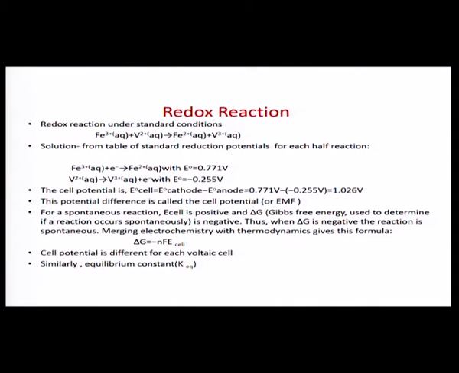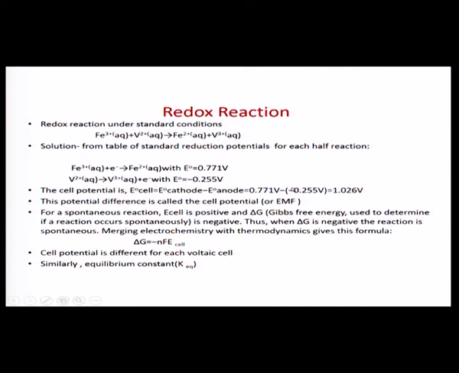Consider another redox reaction, at standard condition, in which vanadium 2 plus is oxidized by ferric ion. Here ferric is reduced to ferrous and vanadium 2 plus is oxidized to vanadium 3 plus. At standard condition, the E naught value for the conversion of ferric to ferrous is 0.77 volt, whereas for the oxidation of vanadium 2 plus to vanadium 3 plus the potential is minus 0.255 volts.